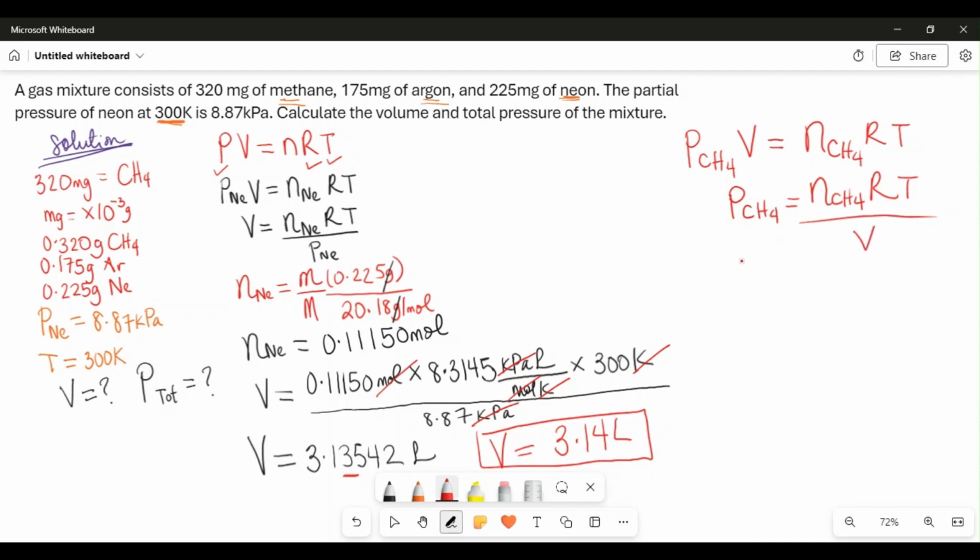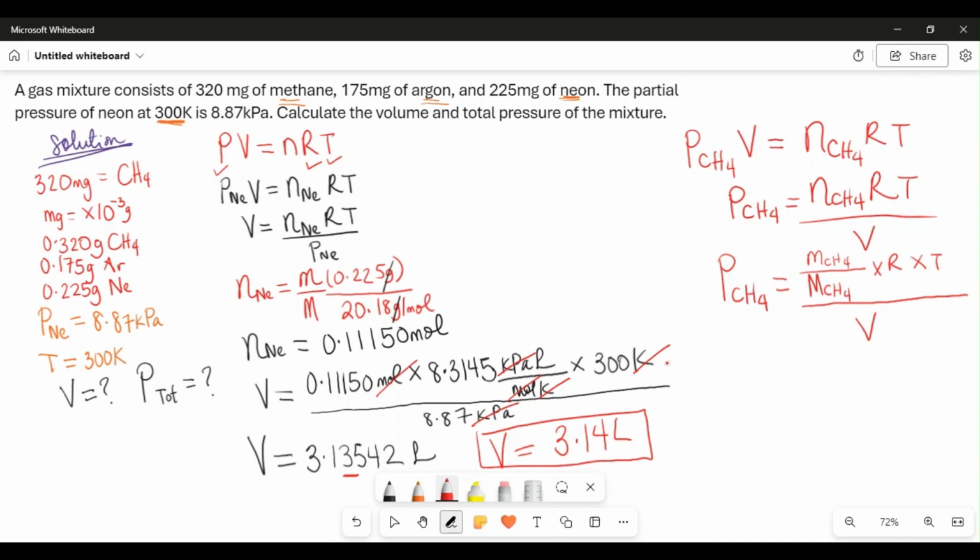We've determined what the volume is. We do the exact same thing for the moles: the mass of CH4 divided by the molar mass of CH4, times R times T, all divided by the volume. So that's what you're going to do here.